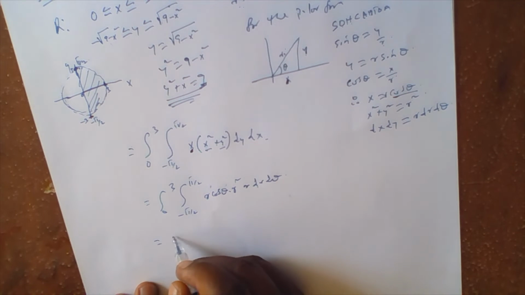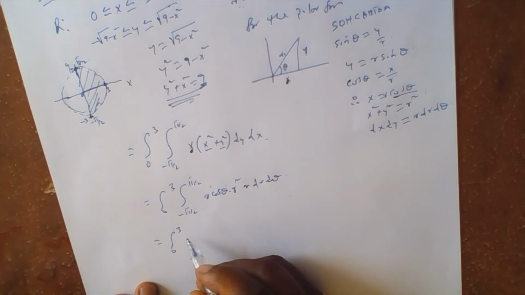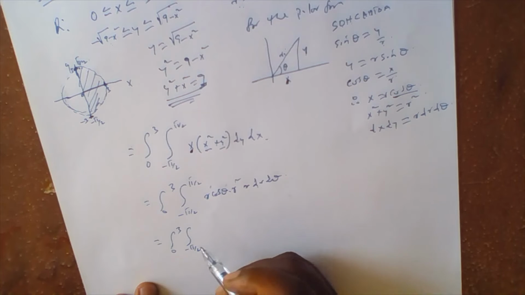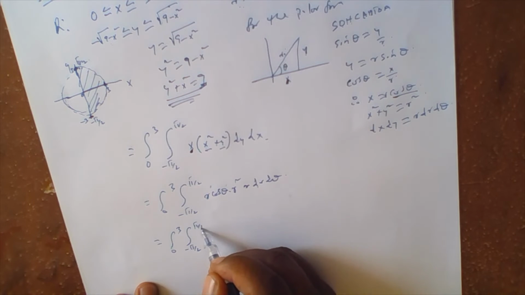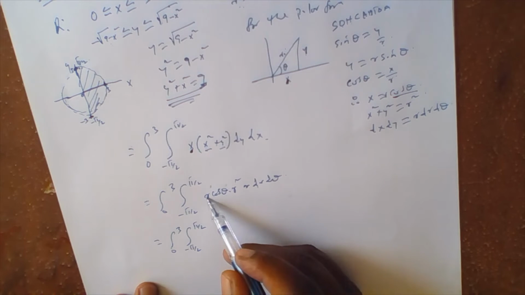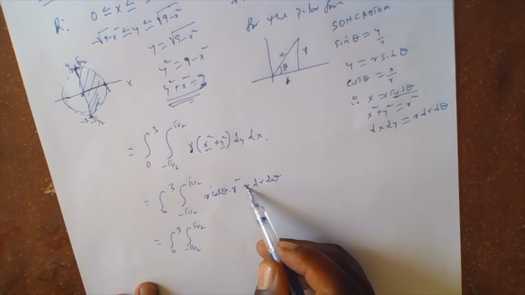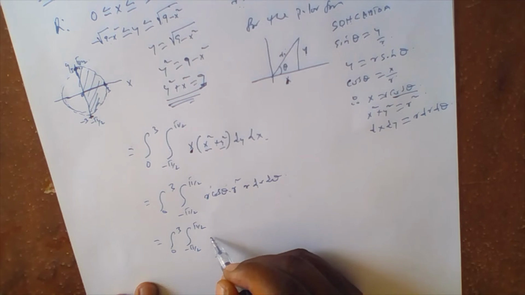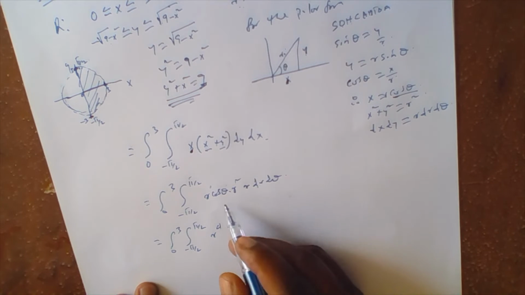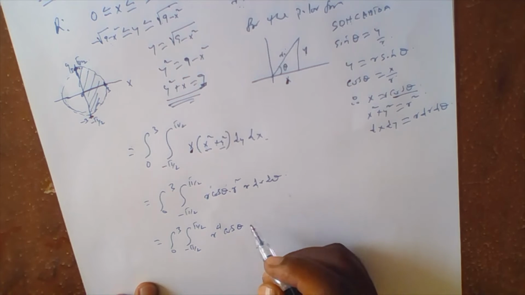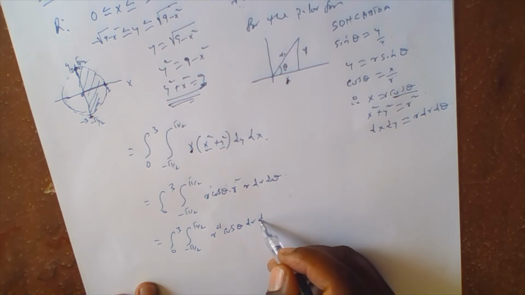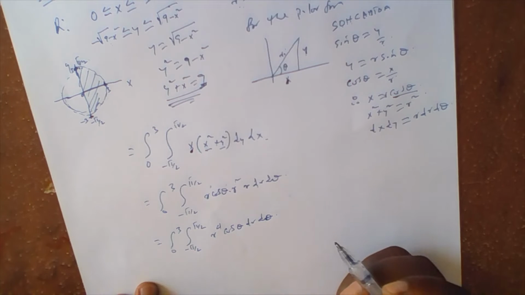So this equals the integral from 0 to 3, the integral from negative pi over 2 to pi over 2, r times r squared times r. We have r raised to 4 cos theta dr d theta.